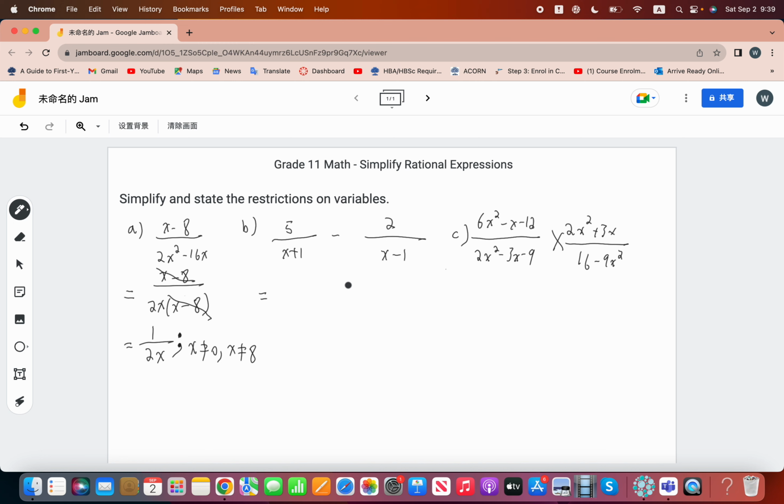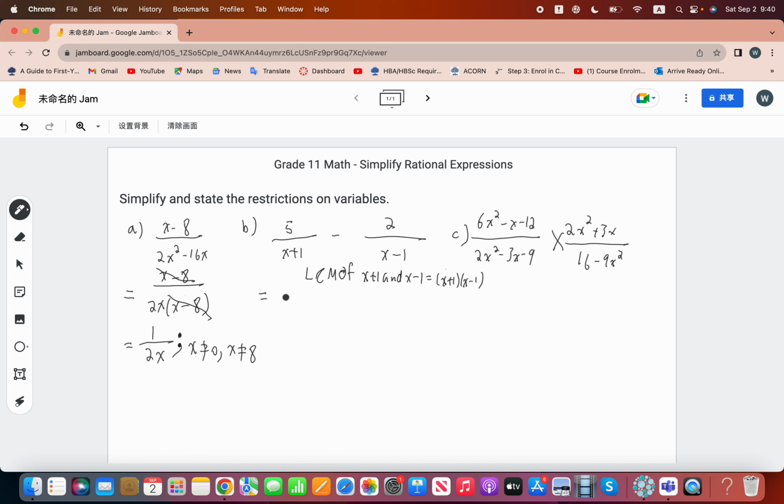In order to get a common denominator, you must find the LCM of x plus 1 and x minus 1, and the LCM of x plus 1 and x minus 1 is going to be x plus 1 times x minus 1.